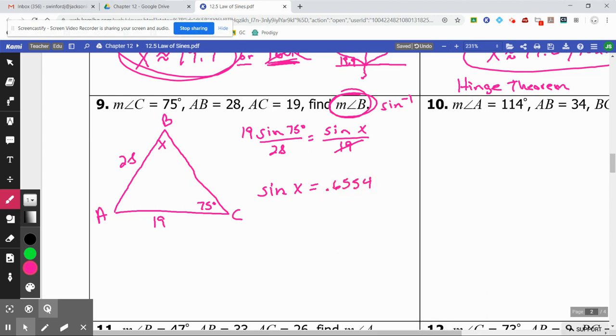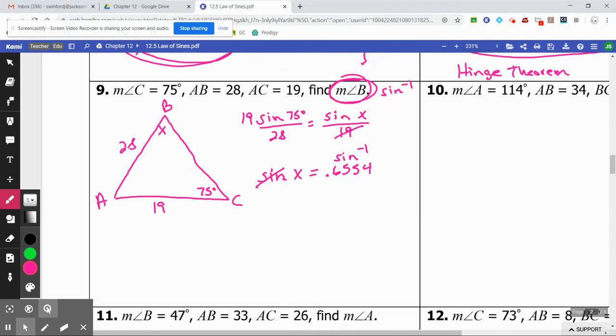To actually find out the value of x, I'm going to do the inverse sine to move sine over of 0.6554. And that gives me that x is about 40.9 degrees, or take that from 180, and my other angle would be a 139.1 degrees.